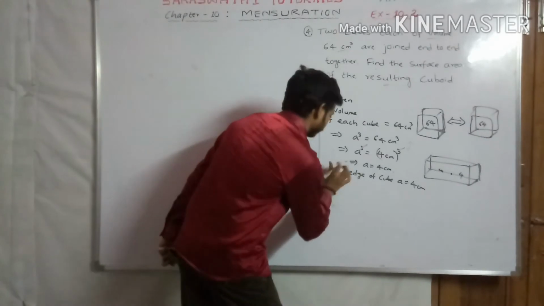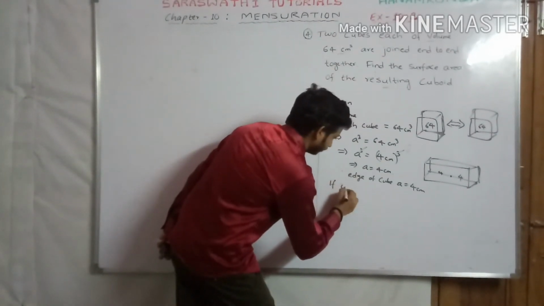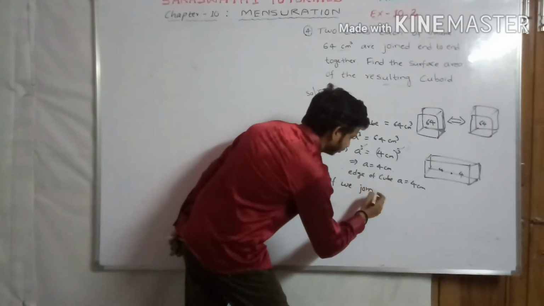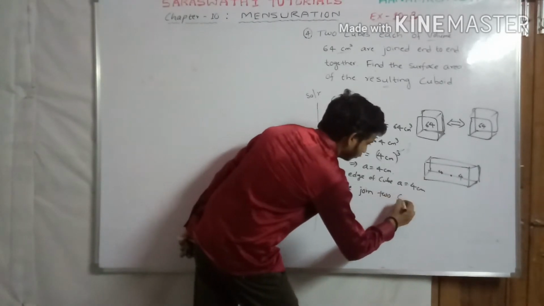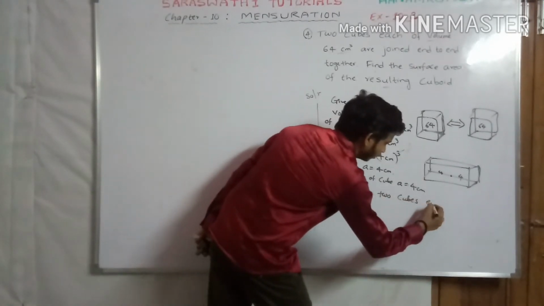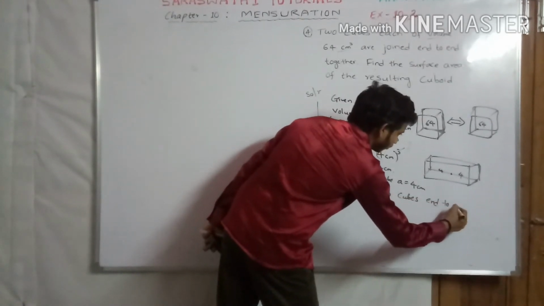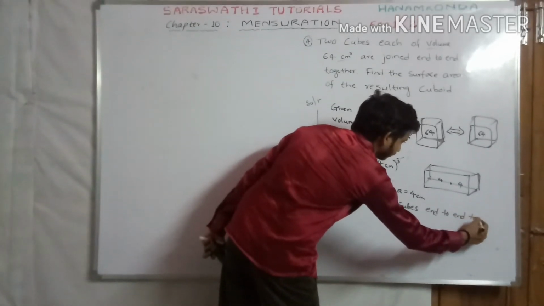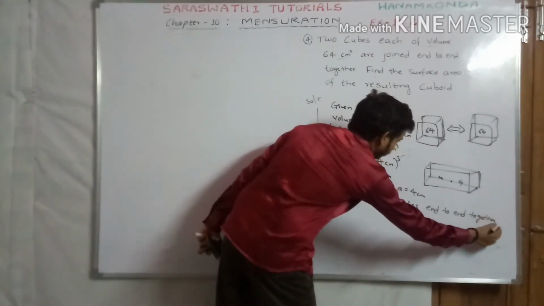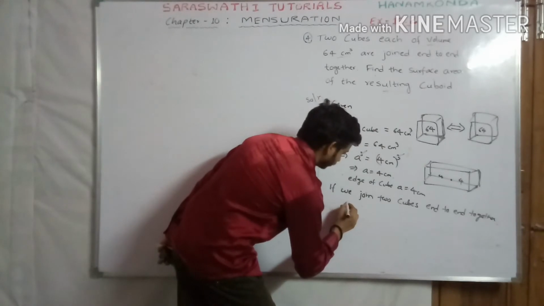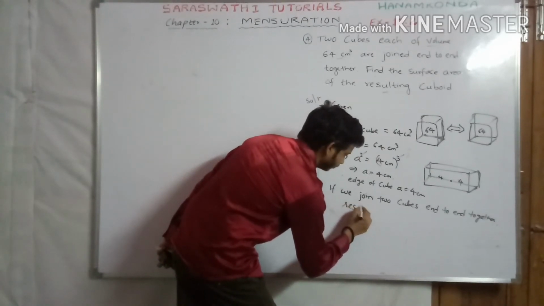Okay, so if we join two cubes end to end together, resulting cuboid is formed.